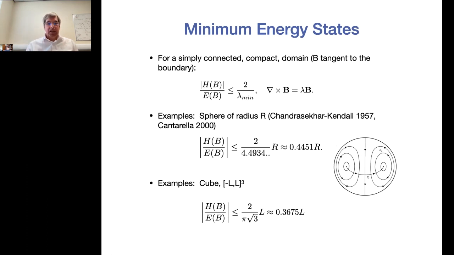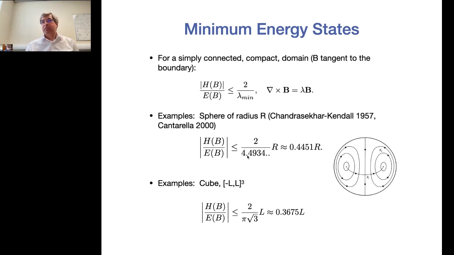So which minimum eigenvalues do we obtain here? First of all, we can rewrite our inequality by just dividing the inequality by the energy. So then we get a ratio on the left-hand side: helicity over energy is less or equal to 2 over the minimum eigenvalue. And this minimum eigenvalue can be calculated for some simple configurations.